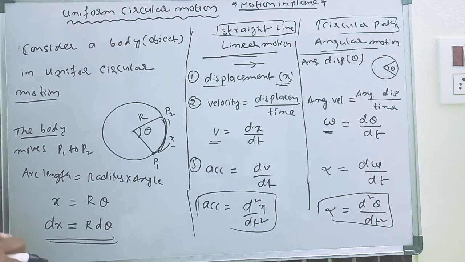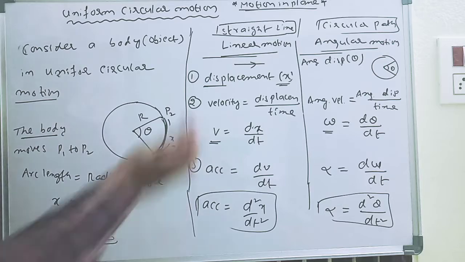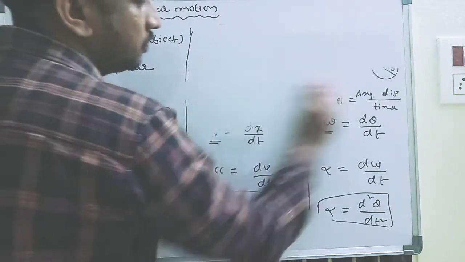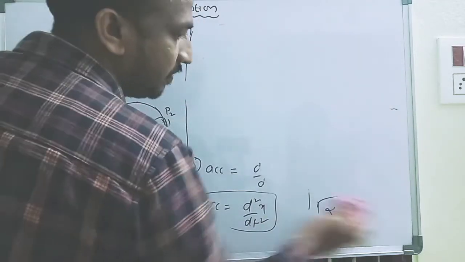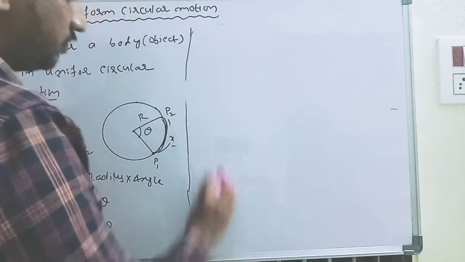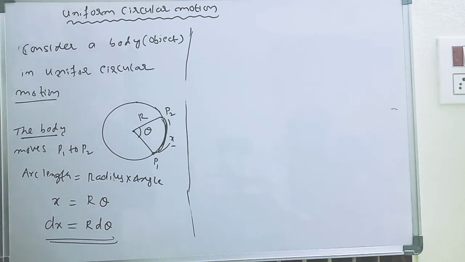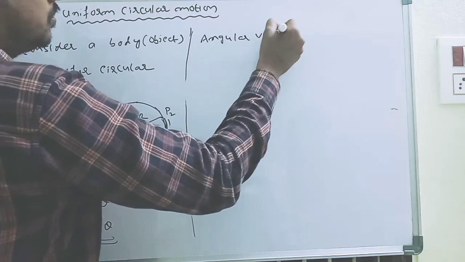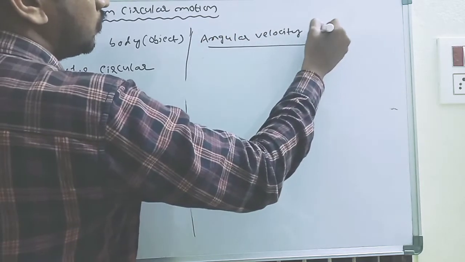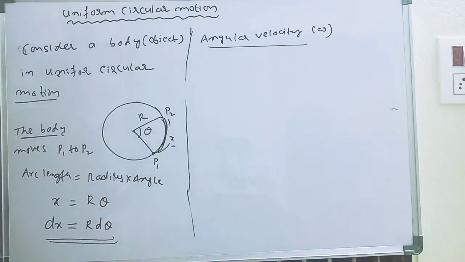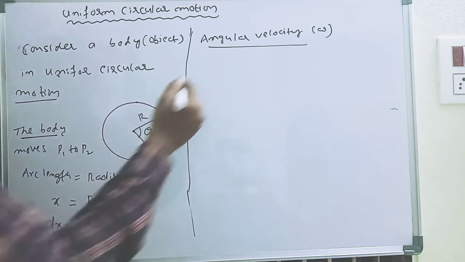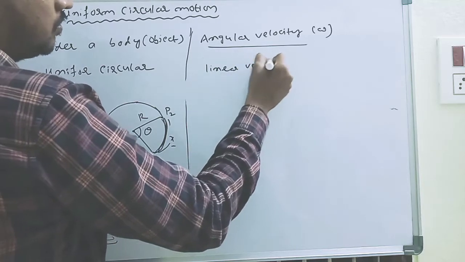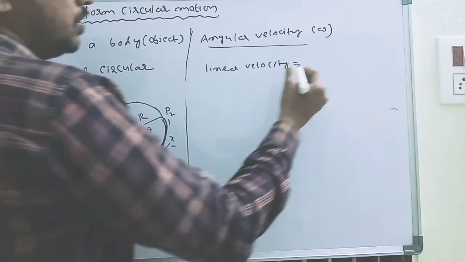So now, what is our question here? We want angular velocity, that is omega. So here dx is equal to r into d theta. What is the linear velocity formula? Linear velocity is equal to displacement by time.